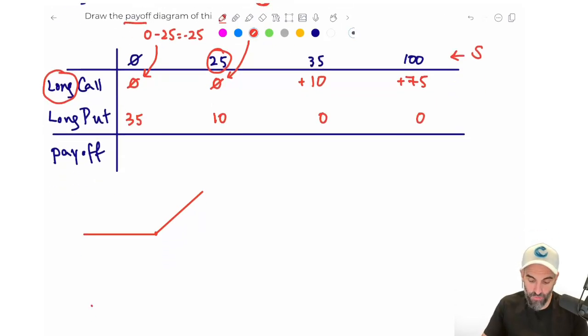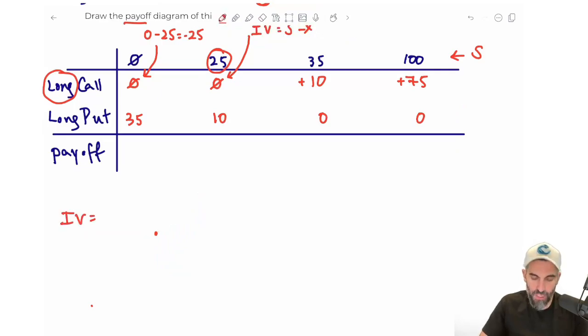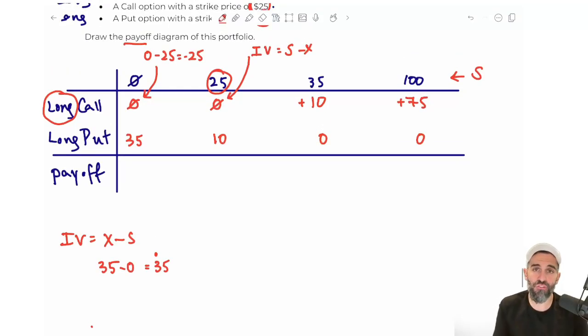And again, the logic for this one is that the intrinsic value of a put is the difference between the strike price and the stock price. So at 0 here, you're doing 35 minus 0, which is 35. You're $35 in the money because you're $35 below the strike price. And then as you approach your strike price, the option becomes less and less valuable.